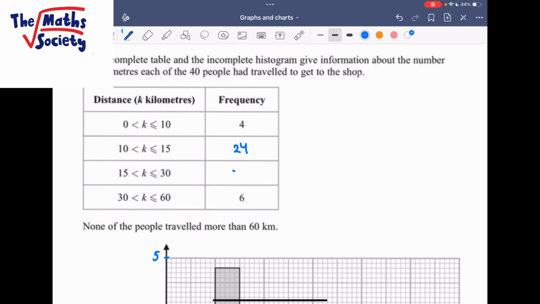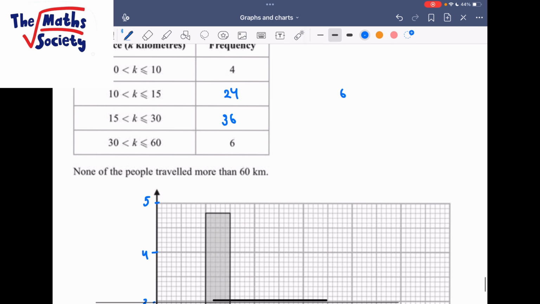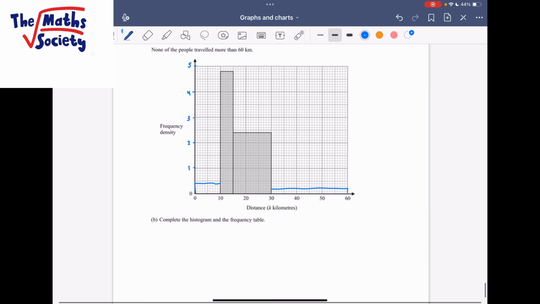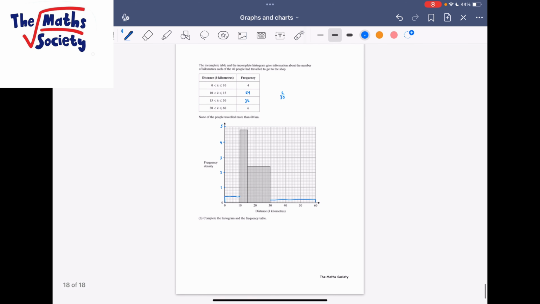So that's going to end up with 36. And you have 6 divided by 30, which is going to be very, very tiny, at around 0.2, I believe. So for 30 to 60, it's around here, which is going to be just very tiny. Yep, and this is how your histogram should look. And I think that should be all for today's video. I'll see you in the next video as well.